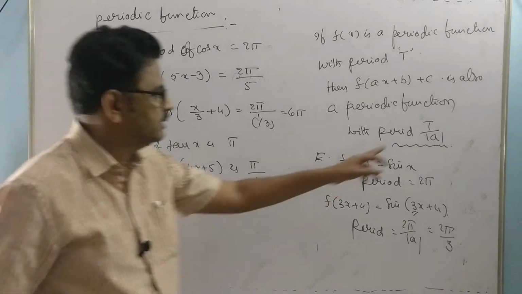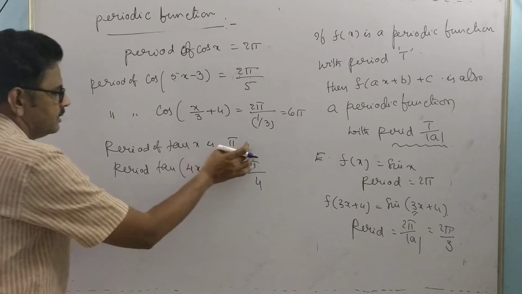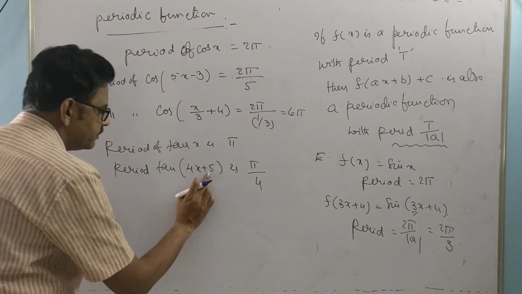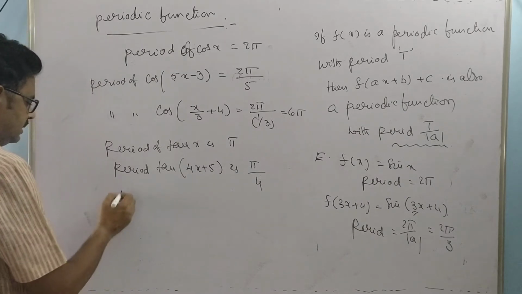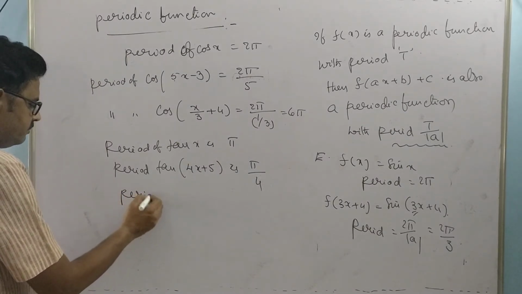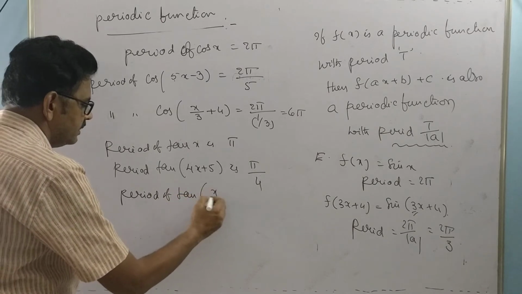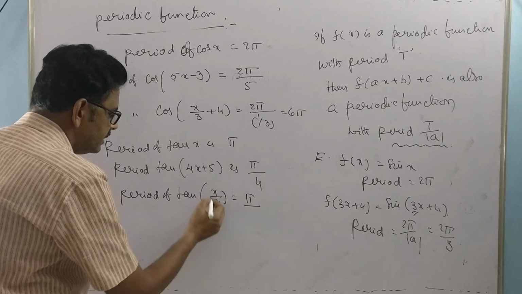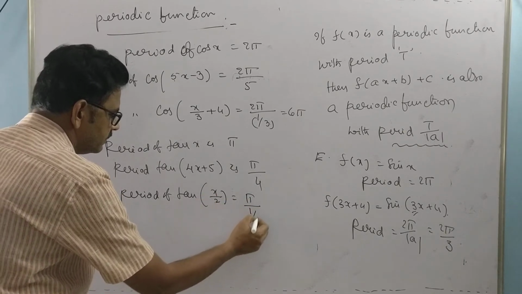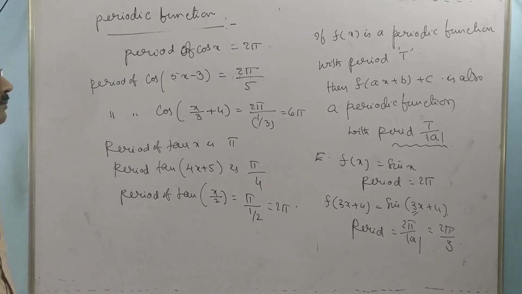So by this definition, tan x period is pi, and tan of 4x plus 5 has period pi by 4. Next, the period of tan of x by 2 is equal to pi by a, where a is 1 by 2. That is equal to 2 pi.